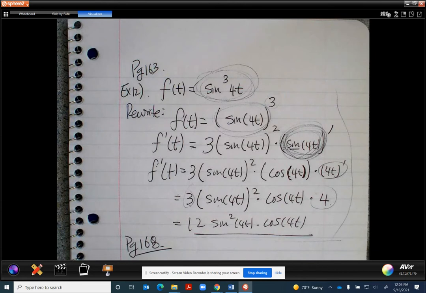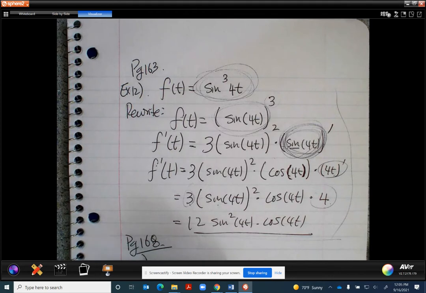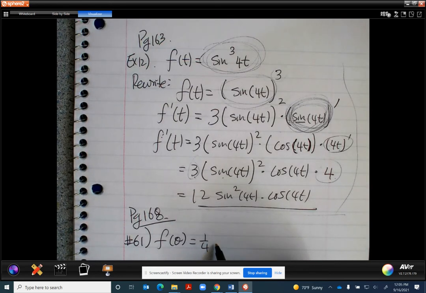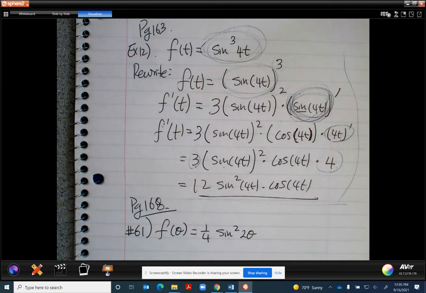Find number 61. Number 61. First rewrite this.